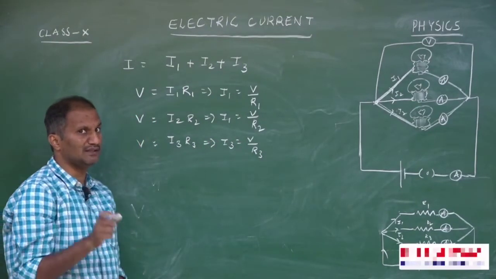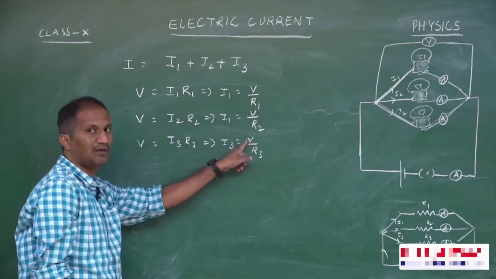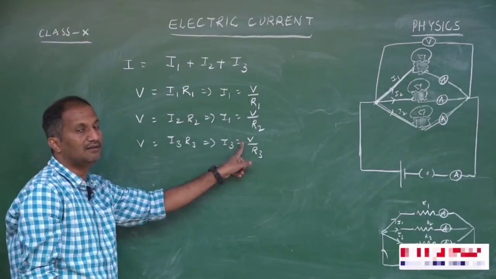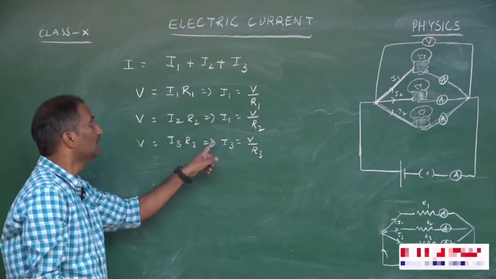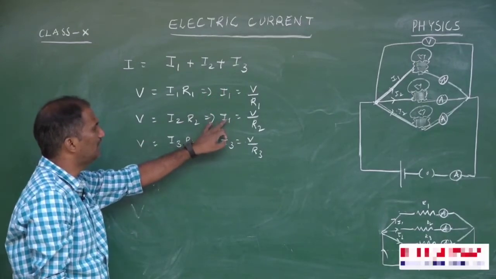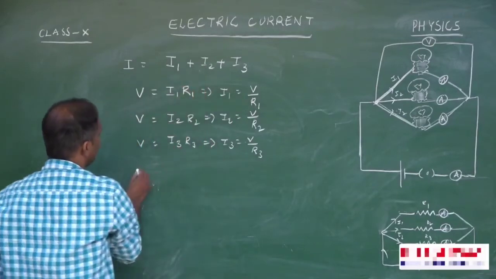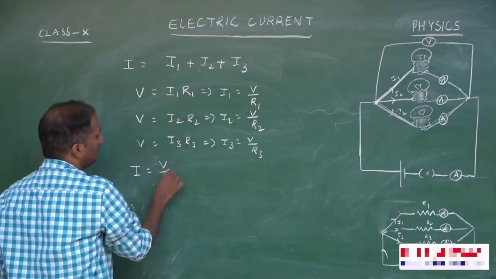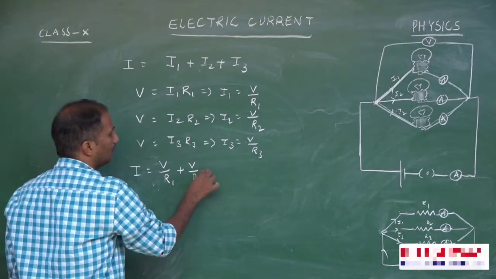Here V is a common factor. Why? Because in a parallel combination the potential difference is constant, but the varying factor is the current, that is I1, I2 and I3. Now we substitute these I1, I2 and I3 values in the equation I equals I1 plus I2 plus I3.